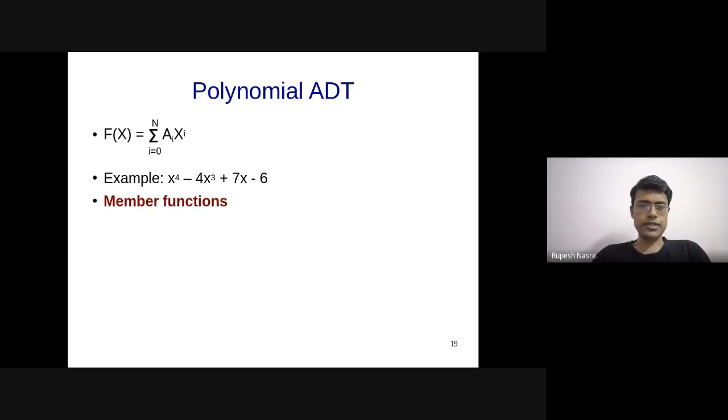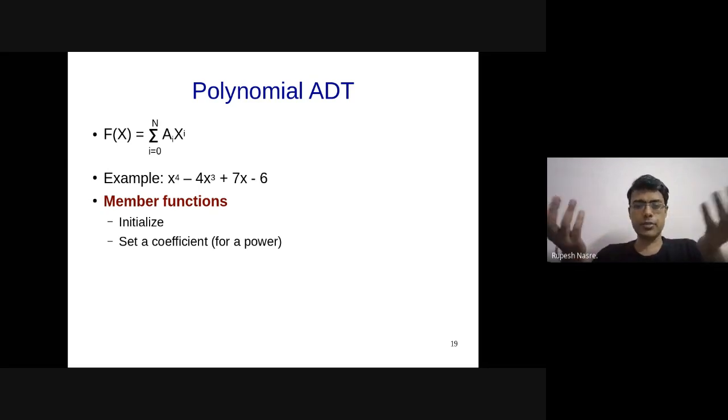What are the member functions that we would like to have, right? This is something which we have to think about when we decide to implement this polynomial abstract data type. So one of the functions is initialization. What is initialization? Initialization could be that you actually give all these coefficients from 0 to whatever n. Alternatively, initialization could just be initializing to an empty polynomial, and then using certain functions like setting a particular coefficient for a particular power, we might be able to then actually create the polynomial.